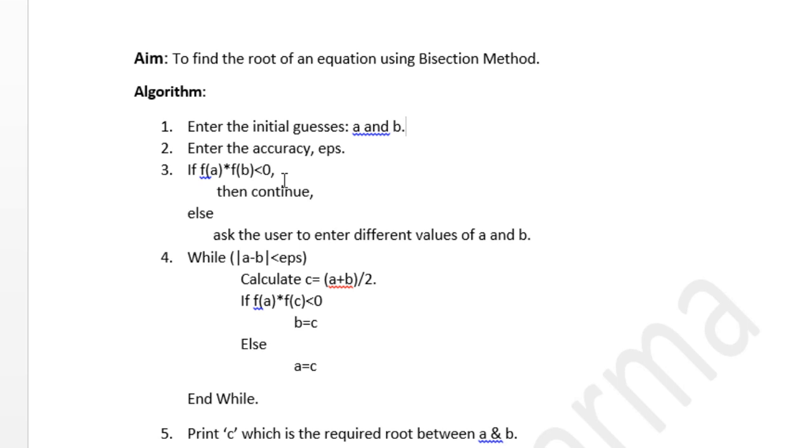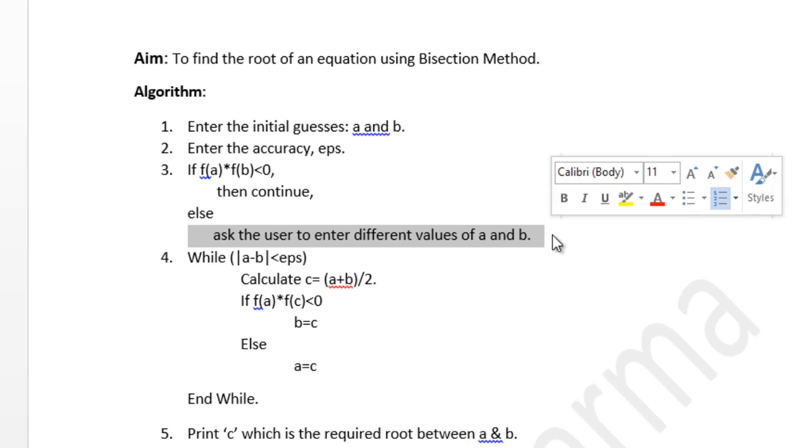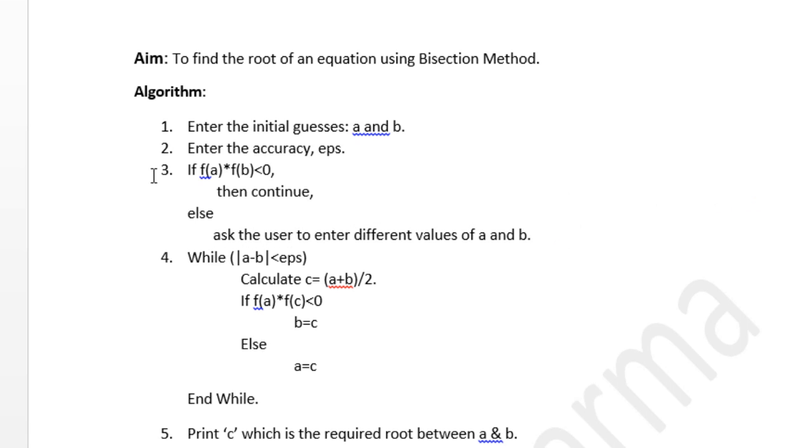If it is negative, then we can continue with our program, because it means that the root lies between a and b. Otherwise we'll have to ask the user to enter a different value of a and b. So we'll make this if condition in our program.